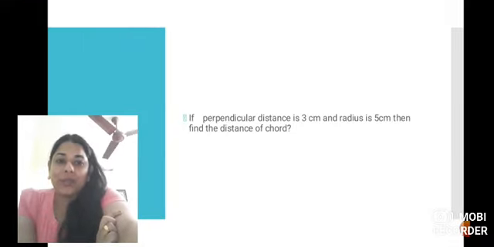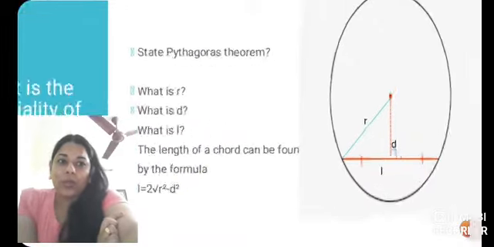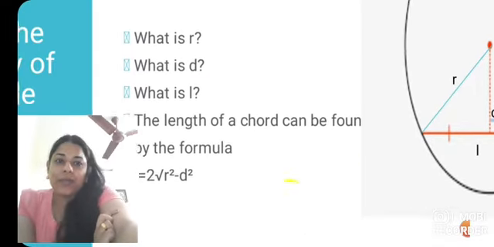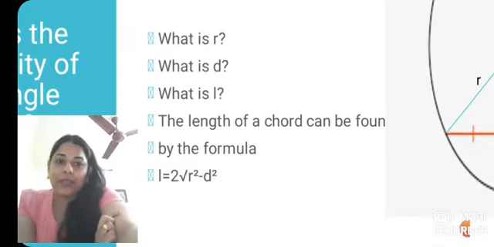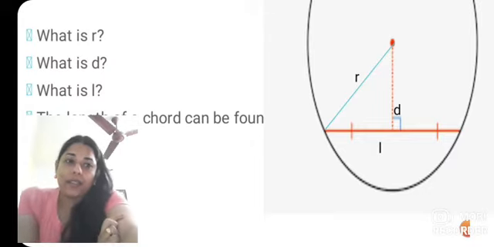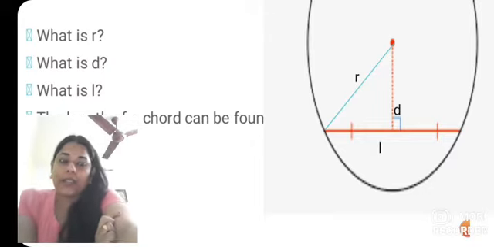Can we go to a problem based on this? How did you get this? If you didn't understand, go back to the video and rewind it, and you will understand. The length of the chord of the circle is L, so up to here the length is L by 2.